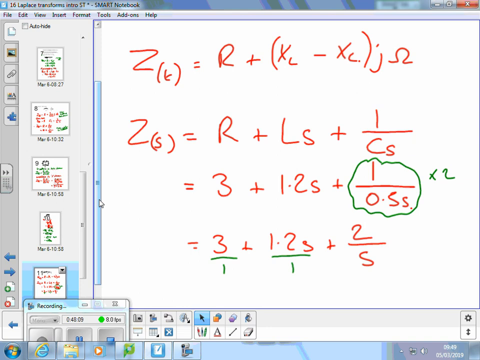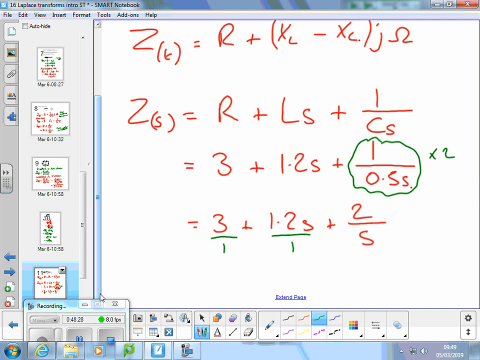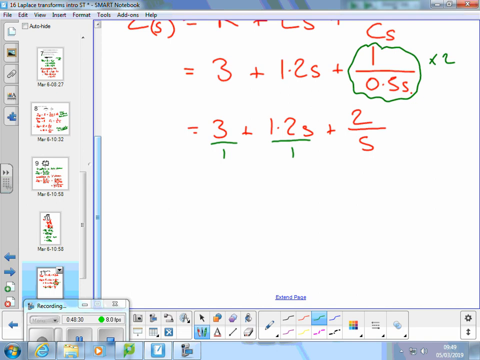Now, how do we get a common denominator here? If we want a common denominator from 3 separate denominators, what can we do? Multiply them all together. So, 2s times 1 is s.